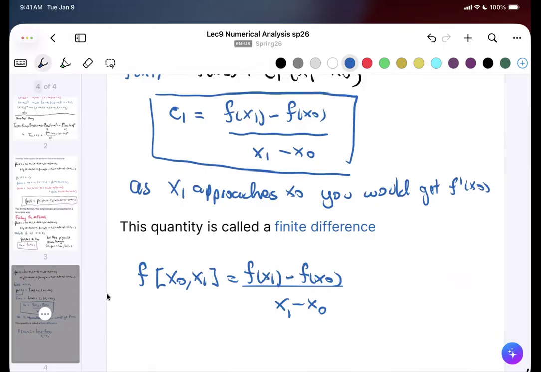Something to notice, which is also useful, is that in this case, the order does not matter. Because if you put x1, x0, it's kind of like the slope of a line, right? When you compute the slope of a line, it doesn't matter which point you subtract from the other one. The slope of the line is insensitive to which one, when you do the delta y and the delta x, the deltas are the only thing that matters.